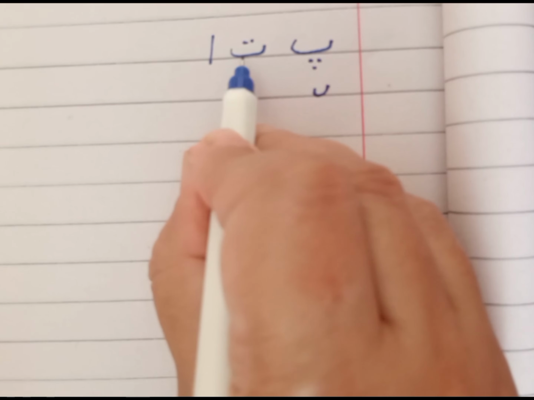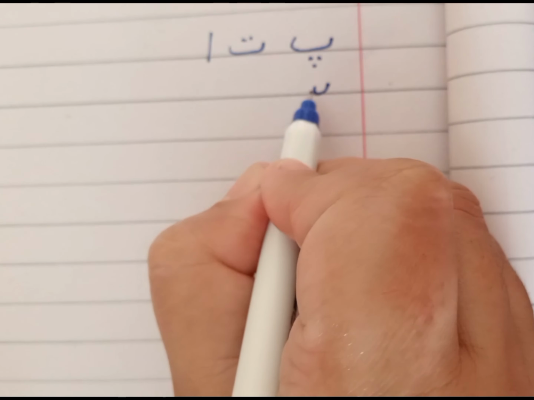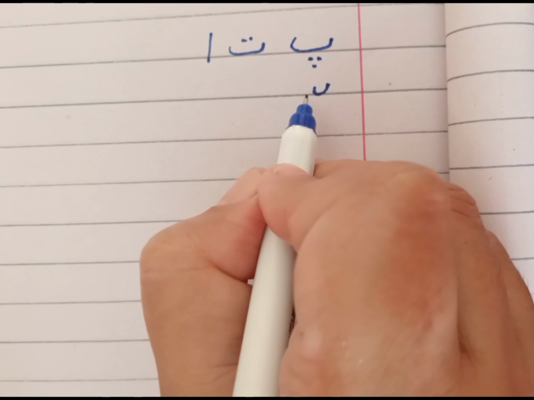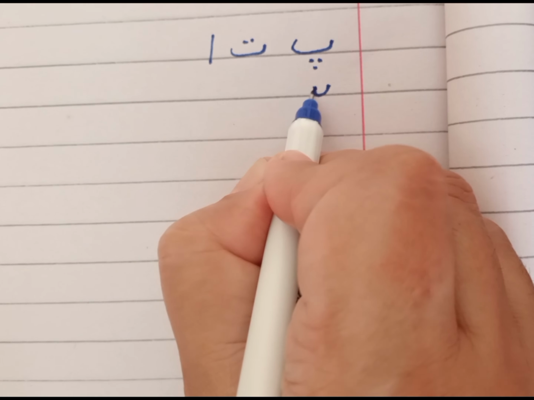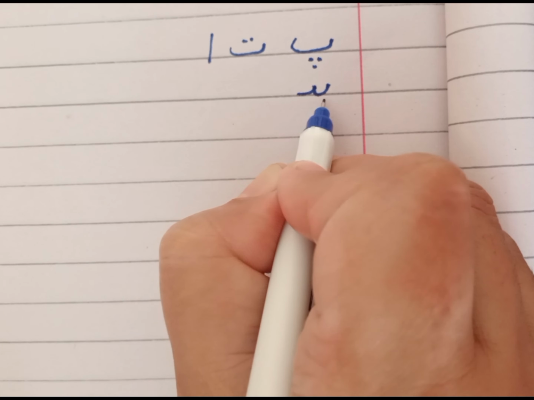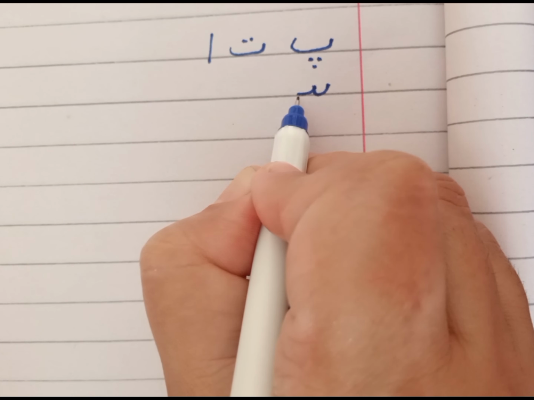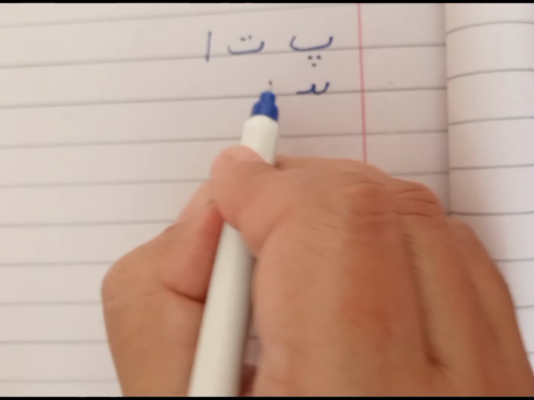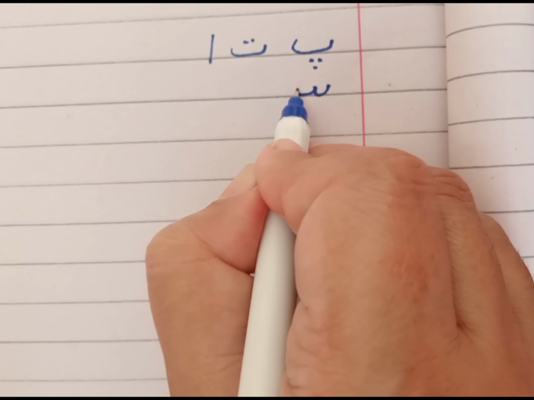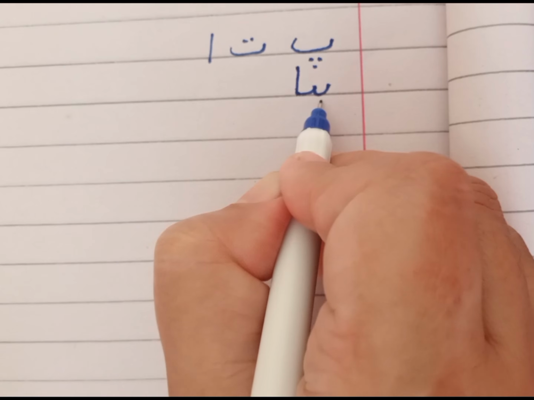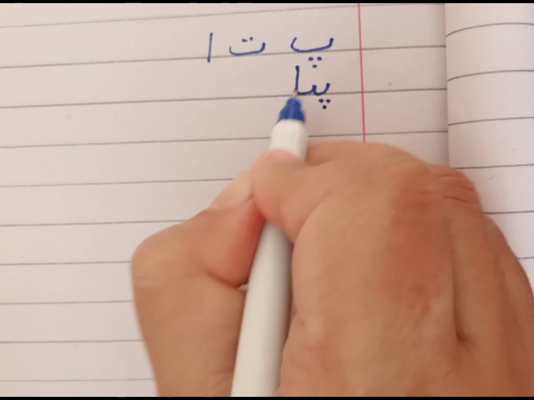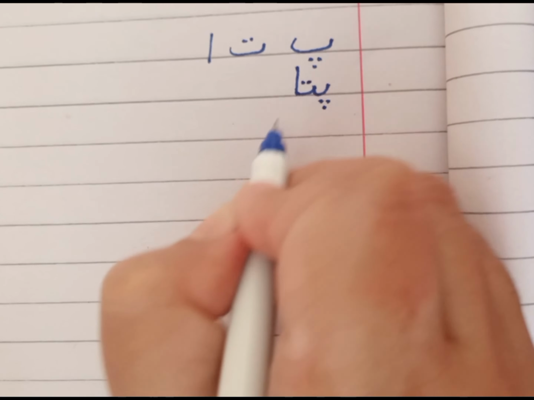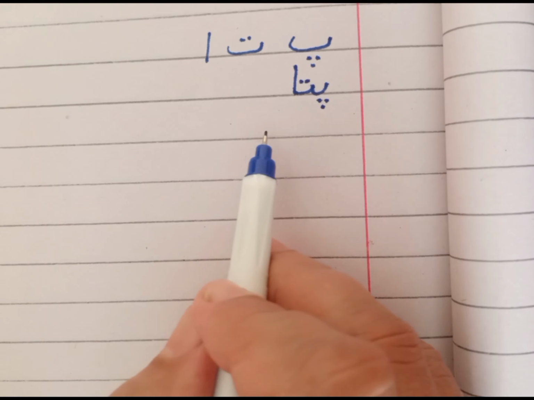And now we can join this Te with this Pe, and this Te will also be written in half shape. This is the half shape of Pa, this is the half shape of Ta, and we can join Aleph with this Ta. So all the letters we can join in this word. 3 dots of Pe, 2 dots of Te. This is Patta. Patta means leaf.